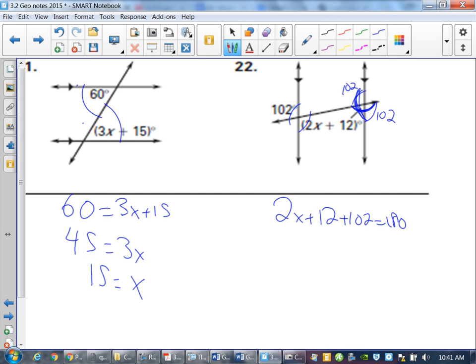Now, what some people did first hour is they just figured out what the supplementary angle is to 102 and use that. It does the same thing, works the same way. Then you'd set it equal to that angle. Subtract that over, I believe you get 66. You should get 33.